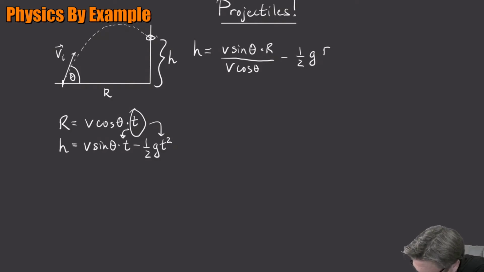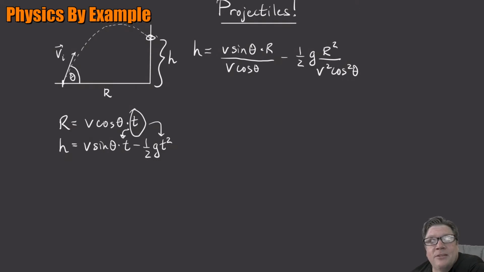Okay, so it's going to be an r squared over v squared cosine squared theta. The problem is that H is something that we know, R we know, and let's say V we know. The problem is I've got to find some way to solve this for theta.